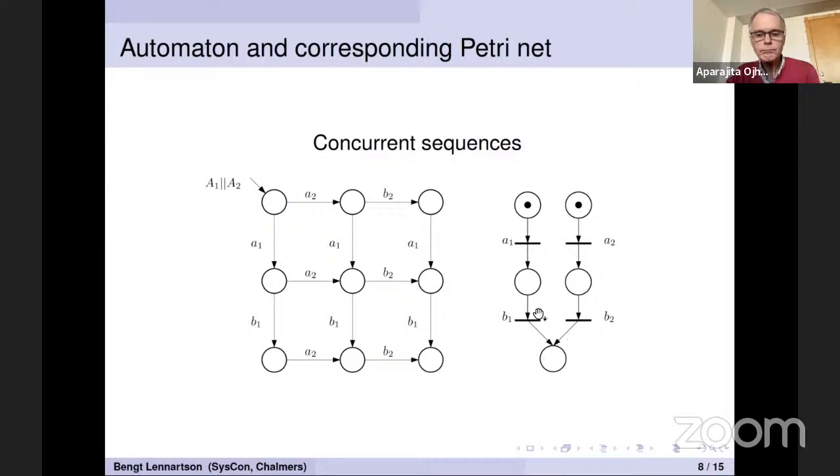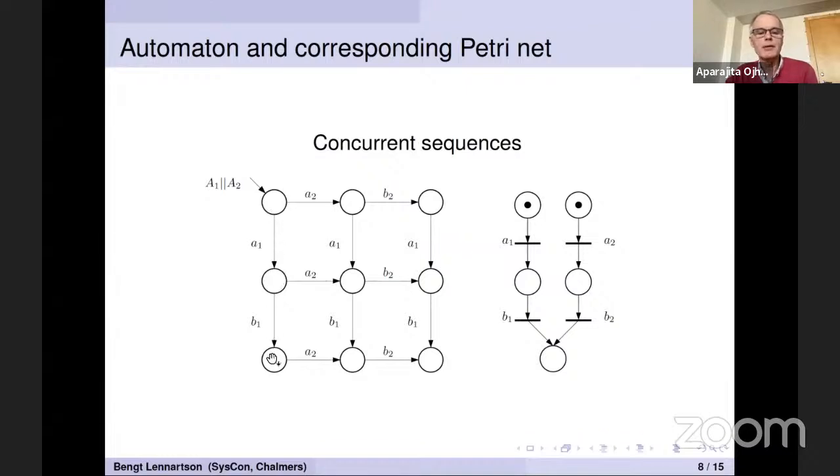here you can take the token via the event A1 to this place, and then B1, and then you have one token down here. That corresponds to moving A1, B1 in the automaton.